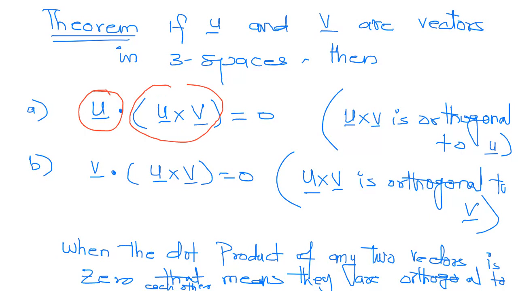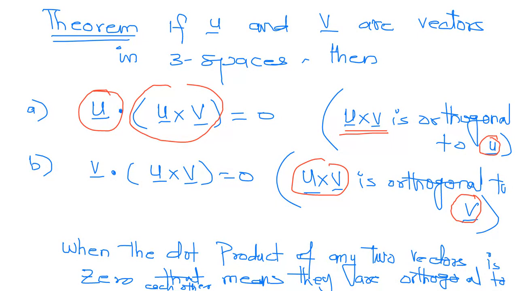In both cases, U cross V is orthogonal to U, and U cross V is orthogonal to V. So if two vectors are given and you want to find a vector orthogonal to both, you just have to find U cross V.